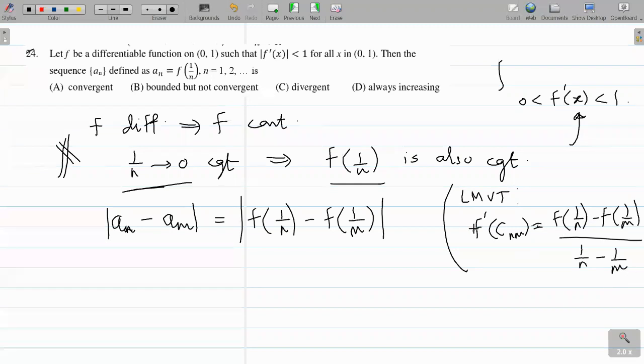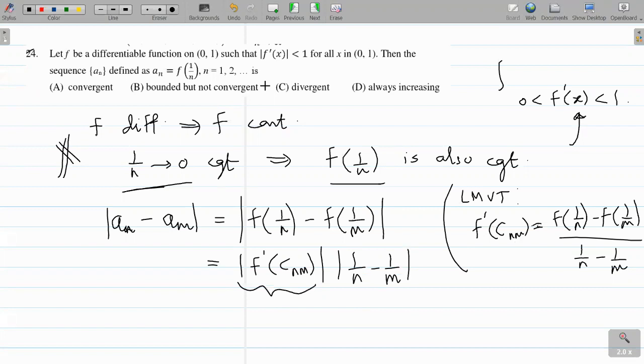So I can take it to the other side and write this as mod f dash of c_nm, writing nm because that c may depend upon n and m, into mod 1 by n minus 1 by m.